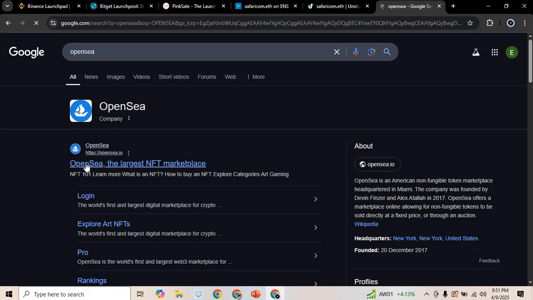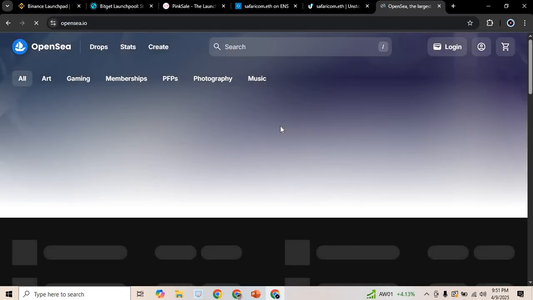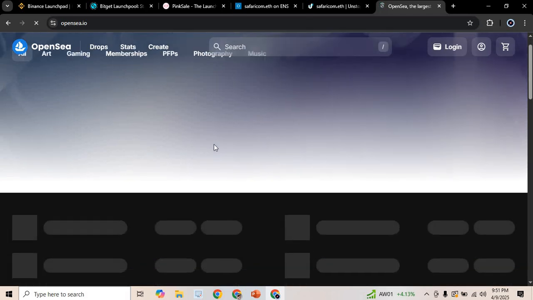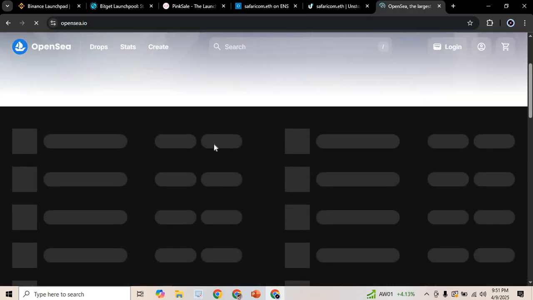You can come and list all these ENS names and sell them. It's basically a marketplace where you can sell all these things. An NFT is like a digital artwork. So you can register from this site right here and sell from this part.